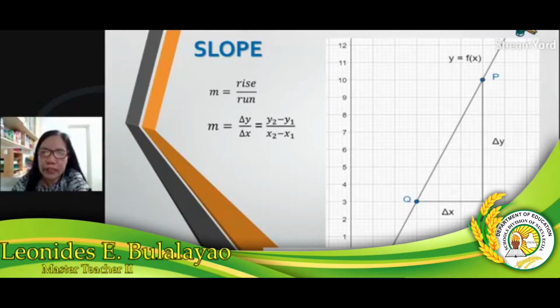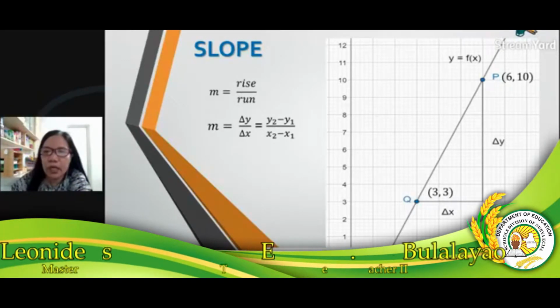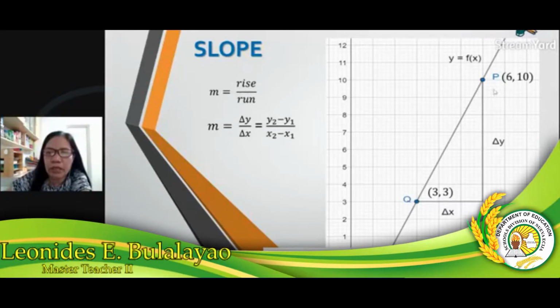So in recalling the slope of the line, we have to consider point P and point Q, where the coordinates of point P are (6, 10) and Q is (3, 3).